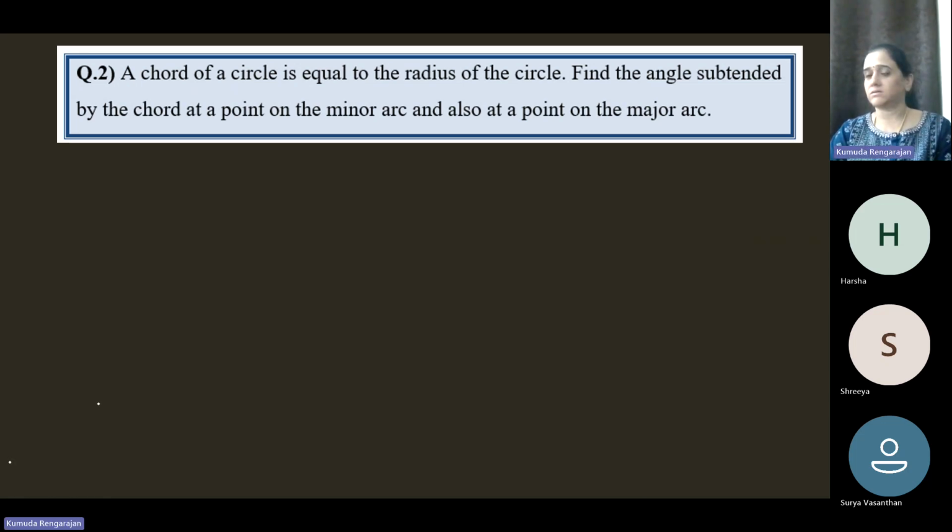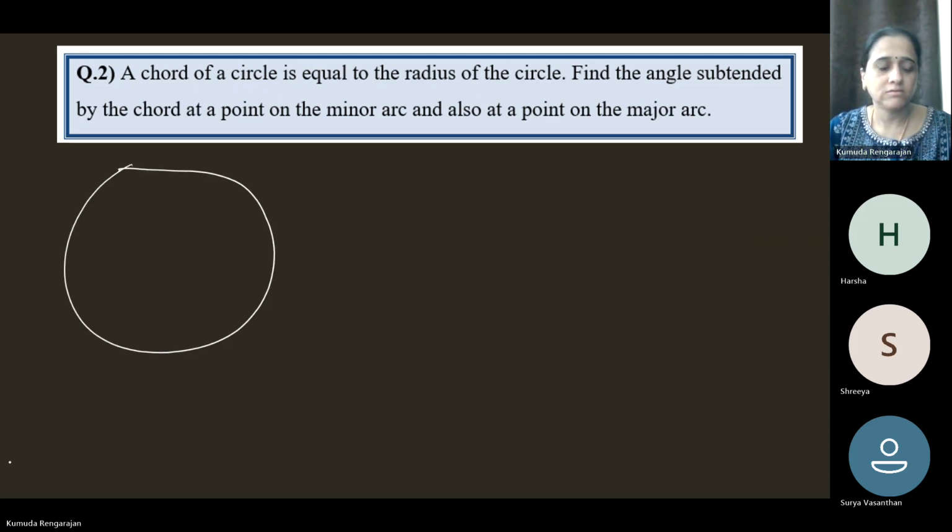A chord of a circle is equal to the radius of the circle. We saw a similar situation in the example. Chord CD is equal to the radius, so it's an equilateral triangle. So here also, a chord of a circle is equal to the radius of the circle. You don't have to take a tiny one. You can take one like this here.